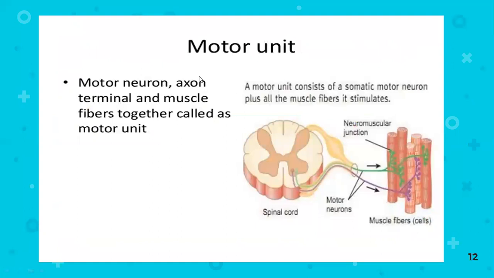Next is motor unit. The motor neuron, axon terminal, and muscle fibers together are called as motor units. And a motor unit consists of a somatic motor neuron plus all the muscle fibers it stimulates. Here you can see the muscle fiber. In short, you can say the motor unit is the motor neuron and the muscle fiber together.